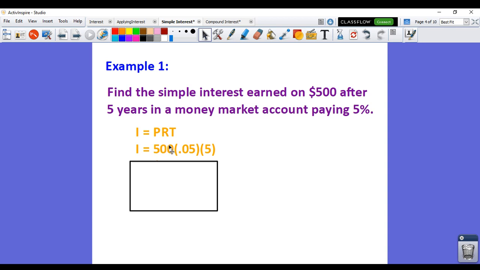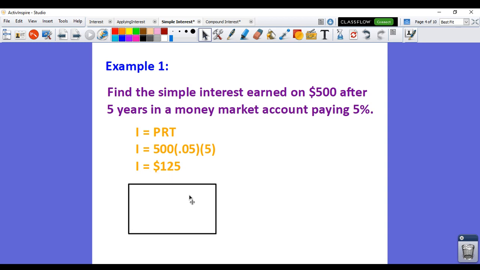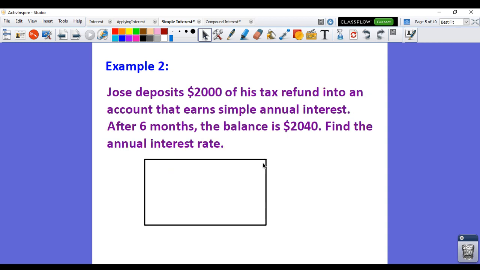Your interest equals 500, because that's our principal, what we're starting with. 5% is written as 0.05, and it's 5 years. You can use a calculator and you'll see that the interest earned is $125. So in 5 years, on that $500 that you put in that savings account, they're going to pay you $125 for keeping money in that account.